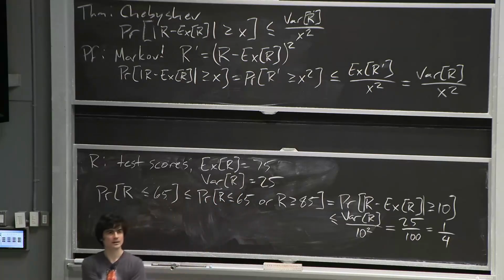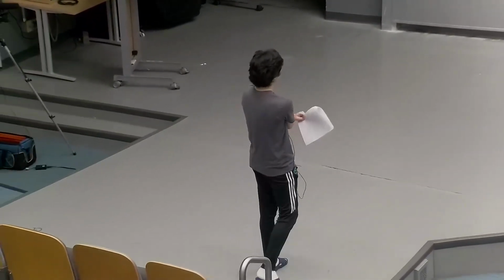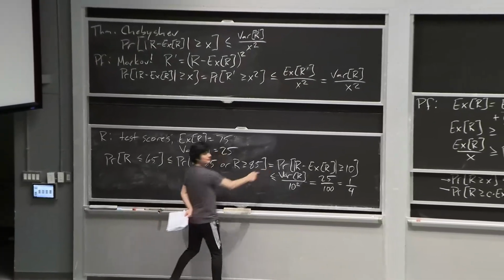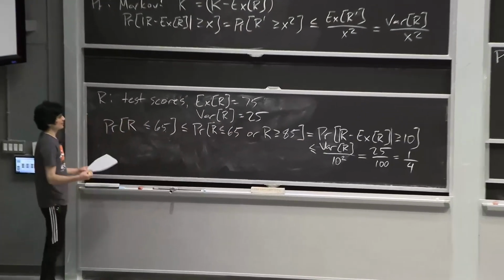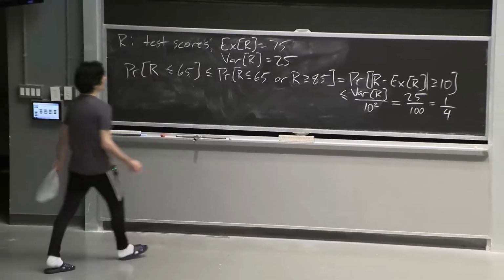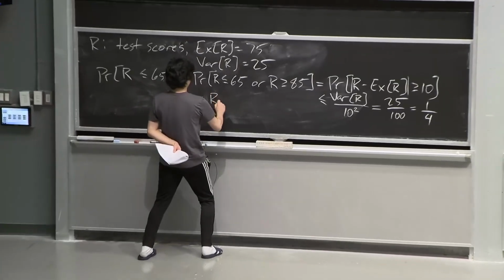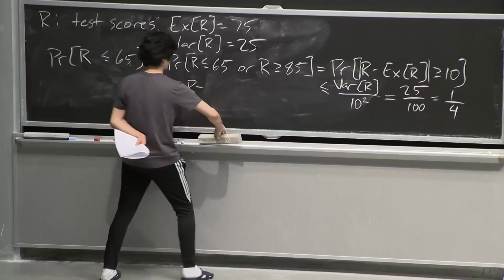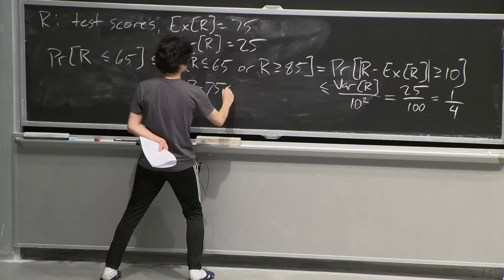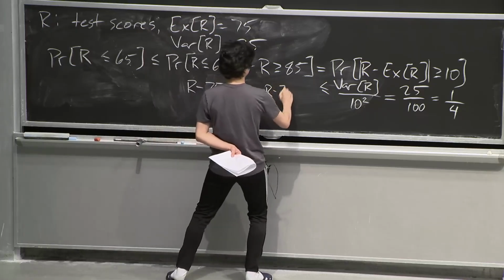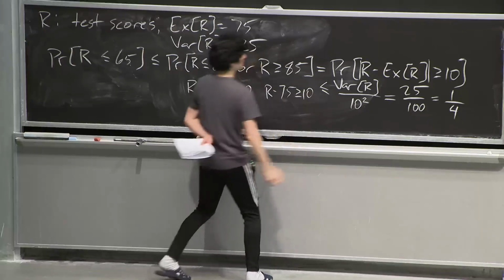Question: can you explain one more time how you got from the probability that R is less than or equal to 65 or greater than 85 to the next probability? Okay, so explain this equality. R less than or equal to 65 or R greater than or equal to 85 we could rewrite as R minus 75 is less than or equal to negative 10, and this one is R minus 75 greater than or equal to positive 10.